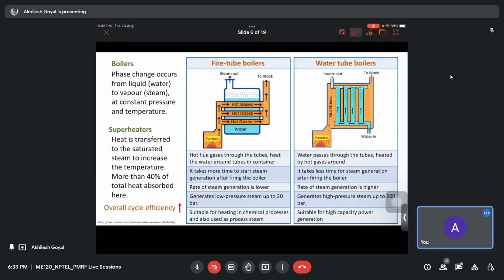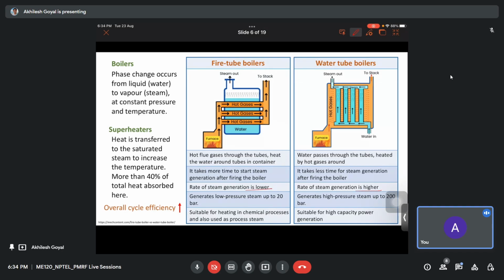Okay, but both work differently. In fire tube boilers the chamber is very big, and the quantity of water is much more than in water tube boilers, so it takes a lot of time to generate heat. But in the case of water tube boilers, the heat generation takes place in less time. For fire tube boilers, the rate of heat generation is lower compared to water tube boilers as well.